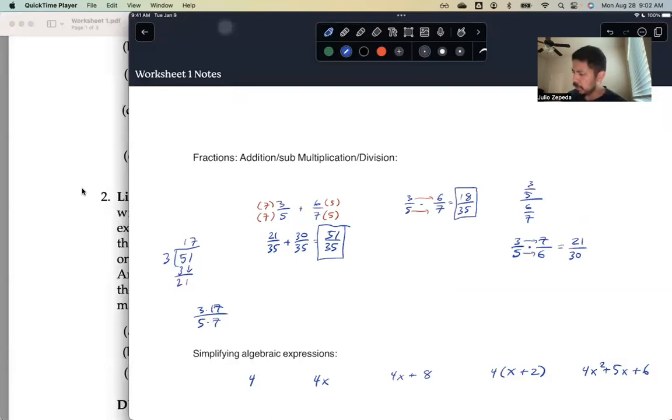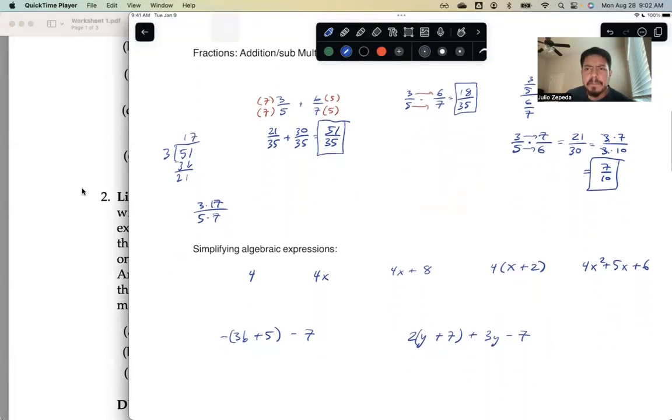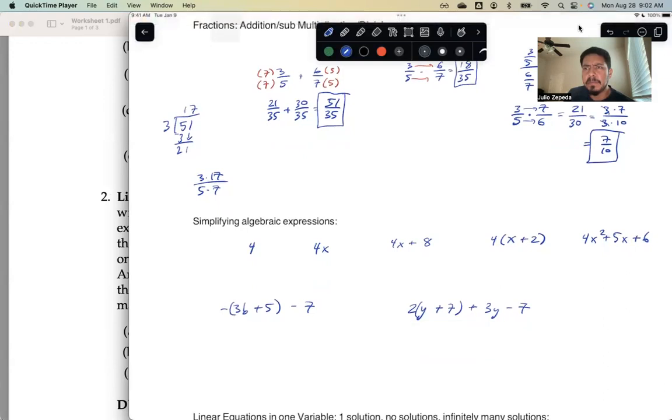In this case, it does look like there is, oh wait, is there a common factor? Yeah, 3, right? If you look at 21, that's 3 times 7, and 30 is 3 times 10, and so that 3 cancels out, and so we get 7 over 10. And that is our answer. Okay, so just a little bit of review there. I'm pretty sure you've all seen that before.